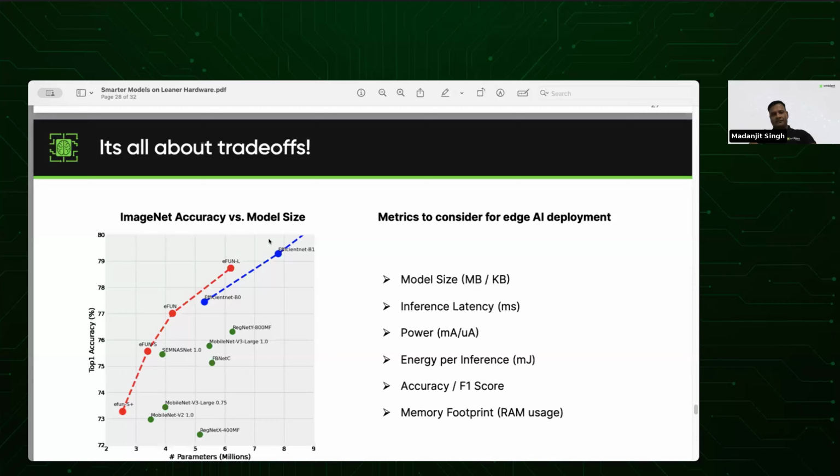What all things do you have to measure to ensure that the model you built is performing well? Accuracy and F1 are standard. But for edge devices or micro devices, it's the model size, latency, power, energy per inference, and memory footprint. These are the ones which matter for micro edge devices, not for cloud.